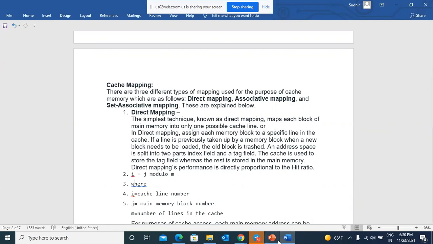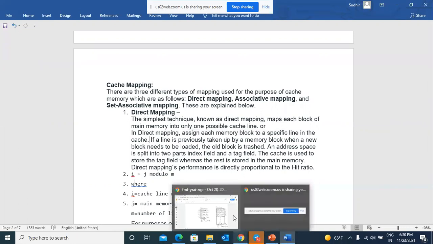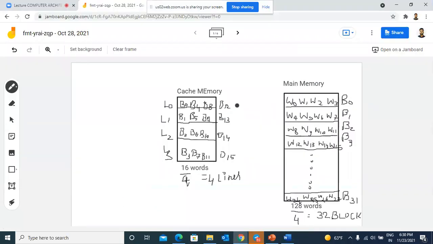Here you can see this is block 0, block 1 is there, block 2 is there. These are the positions of blocks and you cannot change them. That's why it is called direct mapping.